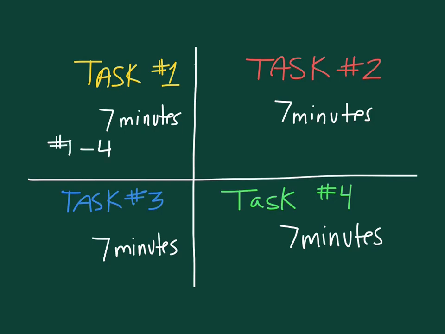For task number 2, you're going to write your answers for part B, numbers 1 through 3 in that section. For task number 3, you're going to write your answers for number 1 through 4 in the task number 3 section. And finally, in the task number 4 section on page 33, you're going to write your answers for part D, numbers 1 through 4.